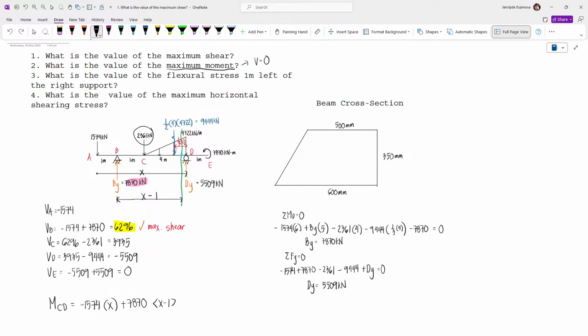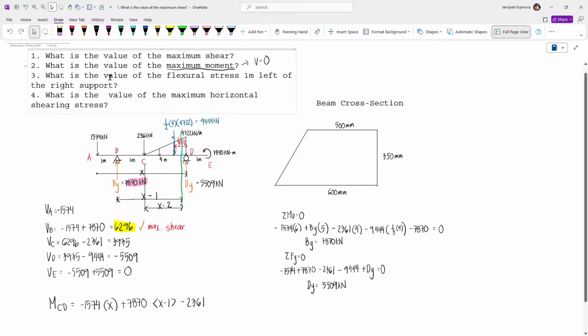Now for this load, we still have minus 2361, and then our moment arm will change because kanina naman na siya. Now, again, from this load toward the cut, we have a distance of x minus 2. Again, x, the whole distance, minus 2 meters.